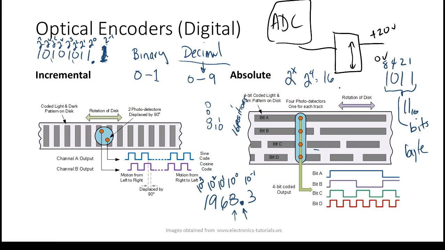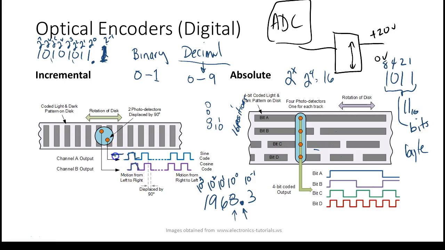The incremental encoder just gives us a series of pulses. Now notice that the 2 sensors are offset. So it has 2 sensors. Depending on which direction it's going depends on which one of them pulses first. So if it's moving in one direction, then this sensor might pulse first, and then this would pulse second, right?